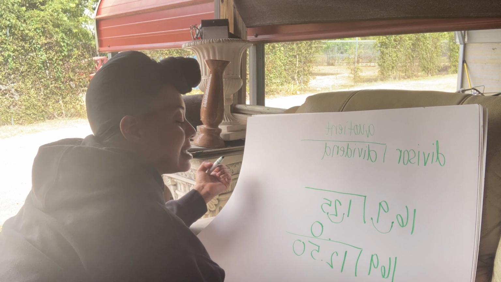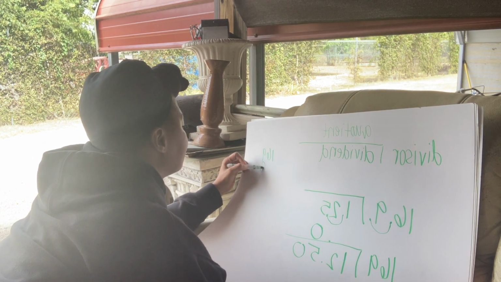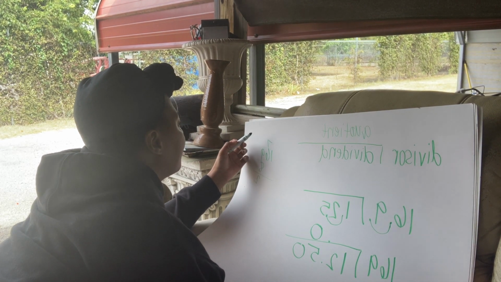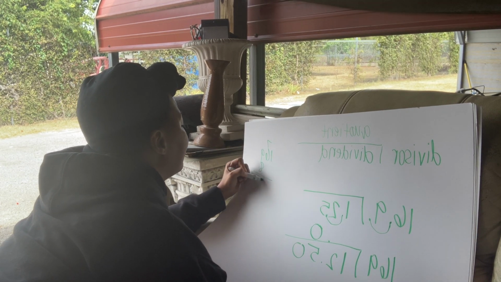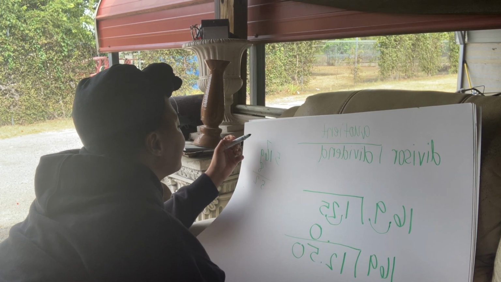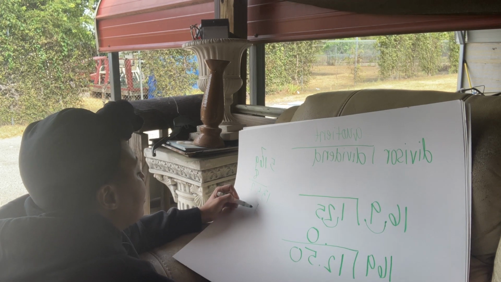So 169, I'm just going to start with 8. 9 times 8 is 72, I believe. 6 times 8 is 48. That's too much, if my math is right.